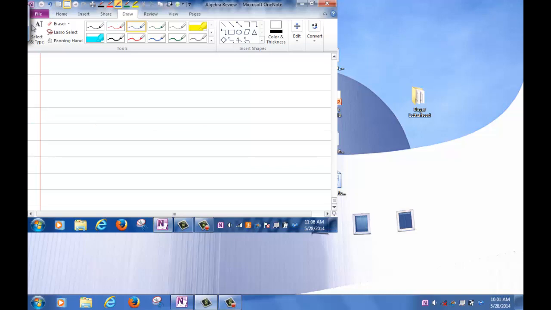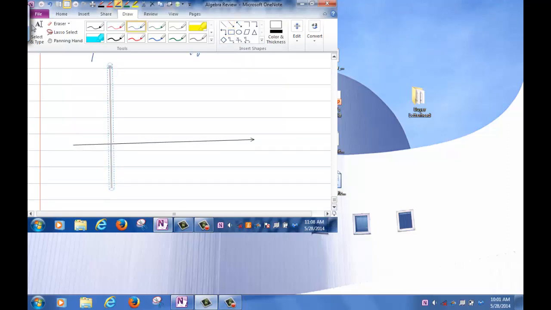Well, before I answer that, let's review something. If I have, let's say this is again the x-axis, the y-axis, and I have two parallel lines, one of them has slope m1, the other one has slope m2.